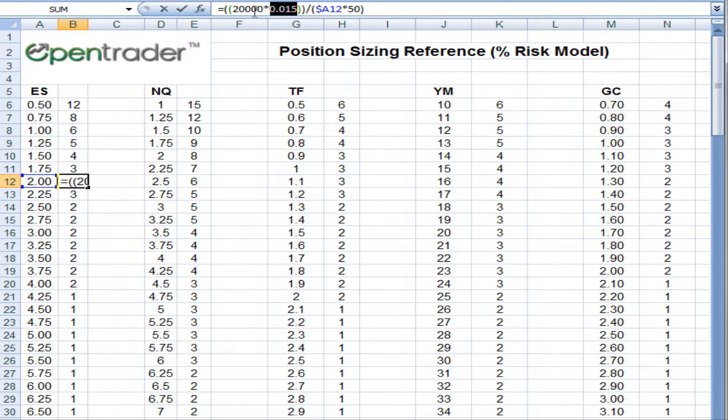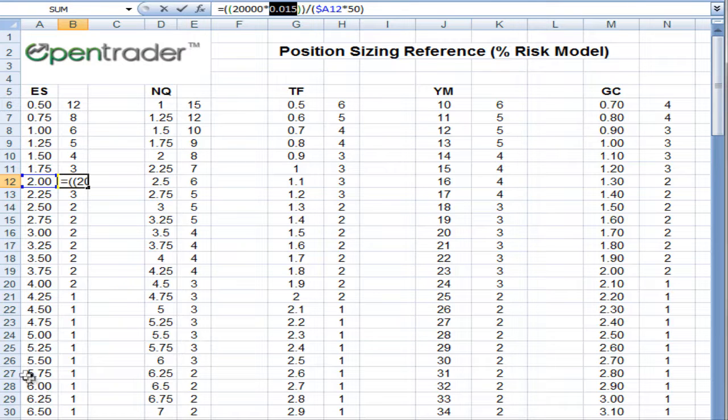So we have the account size times the risk, which gives you how much you want to risk per trade, divided by A12 here, which is 2 times 50. Now what is this 2? Well, these are the different stop losses you can have. See, the ES moves in quarter point increments, so I've just put as many of them as I can for you.